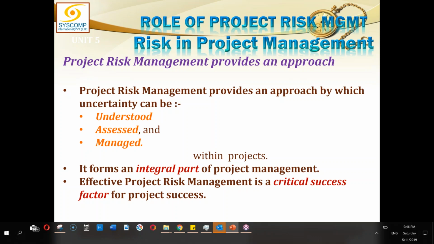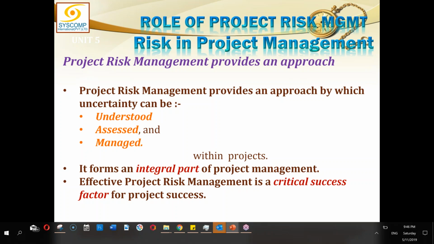Because we are talking from the perspective of only project management, not business management here, whatever kind of occurrences or uncertainties could be there, the very first thing is to properly capture them, know them, identify them, understand them, and assess them in as much detail as possible, so that they can be properly managed. It forms an integral part of project management.